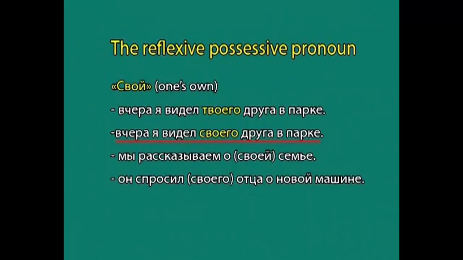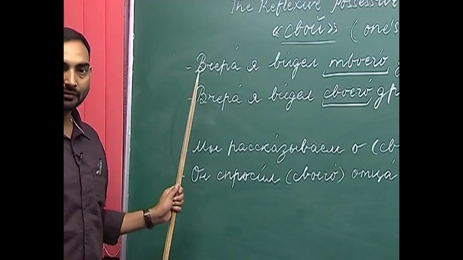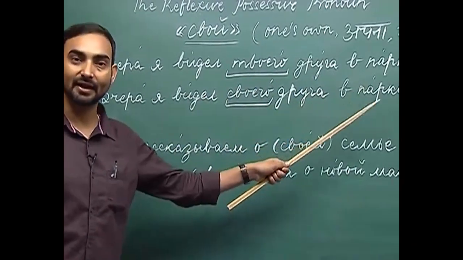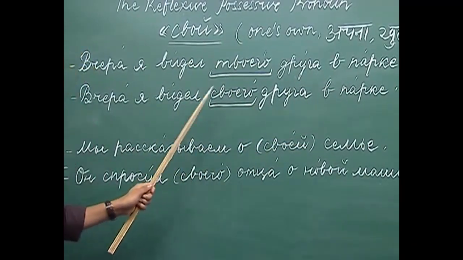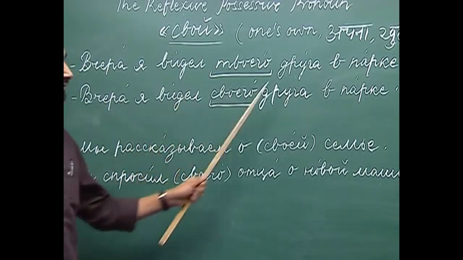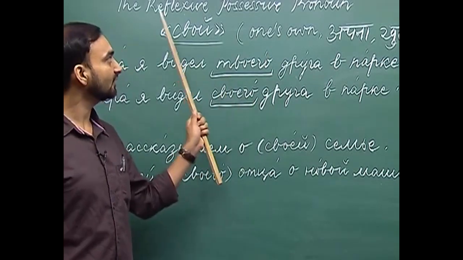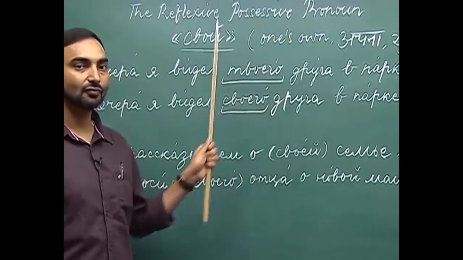Вчера я видел своего друга в парке. In Hindi, how will you translate this sentence? कल मैंने अपने दोस्त को पार्क में देखा. अपने दोस्त. So here the subject is talking about something of his own. That is why we are using the reflexive possessive pronoun свой.